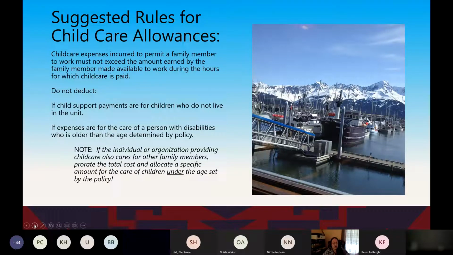If expenses are for the care of persons with disabilities who are older than the age determined by your policy, and if the individual or organization providing child care also cares for other family members, make sure you prorate the total cost and allocate a specific amount for the care of the children under the age that you set in your policy.